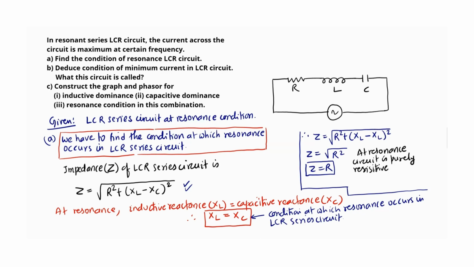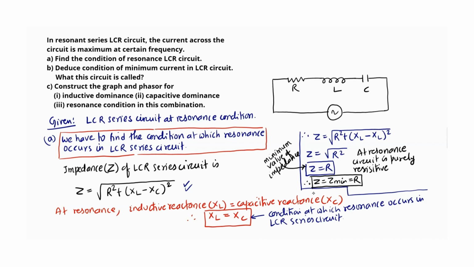Clear? We have this, and this is the minimum value of impedance. Therefore, we can write Z equals Z minimum equals R. So impedance is minimum at resonance.